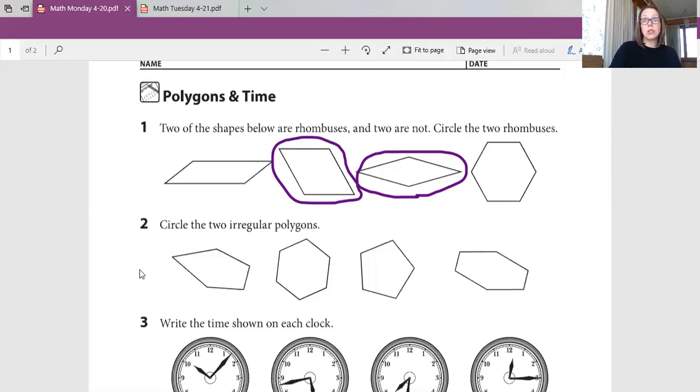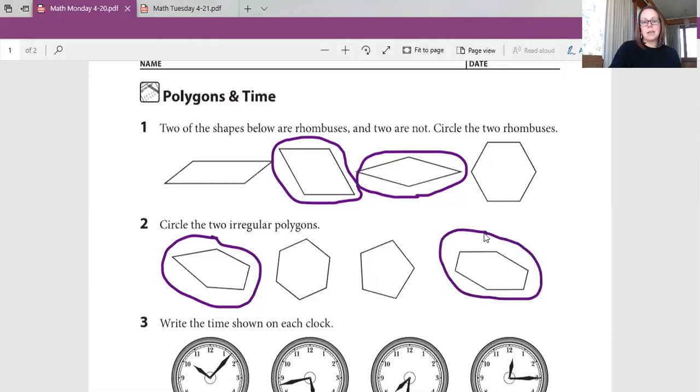Circle the two that do not. Did you circle these two? If you did, great job. Those are the two polygons that do not have equal sides.